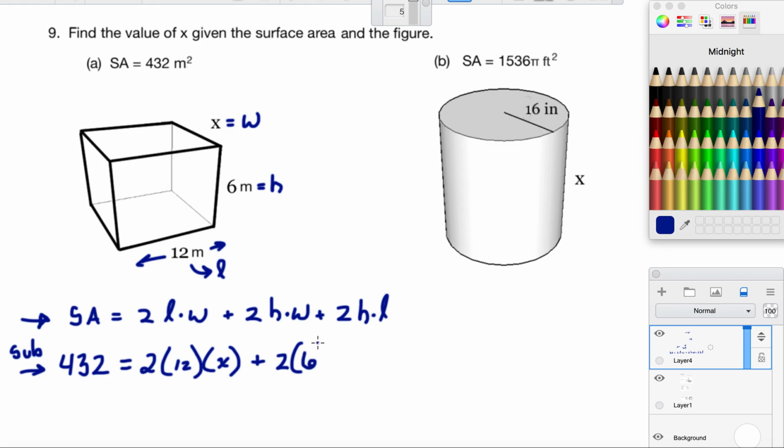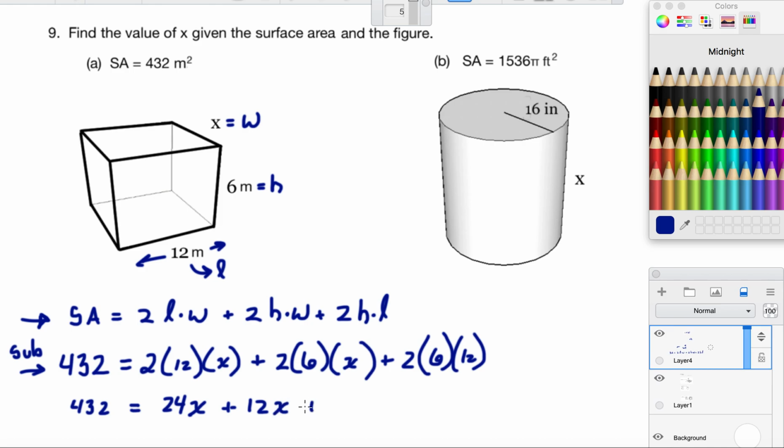Height is 6 and the width is x, plus 2 times height is 6 and the length is 12. Okay, so 12 times x, 6 times x, 6 times 12. There it is. Now we still have 432 on the left. And let's multiply. 2 times 12 is 24x, plus 2 times 6 is 12x, plus 2 times 6 times 12, which is 144.